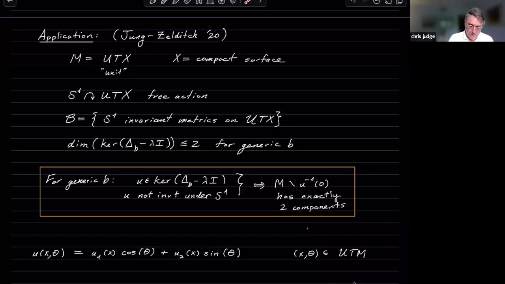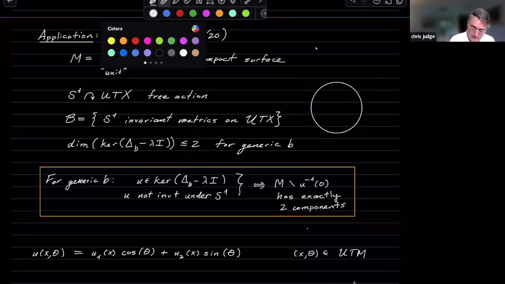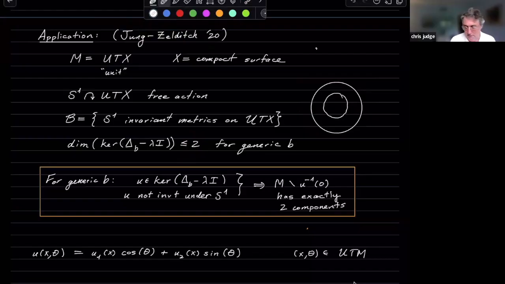Okay, so you definitely will get this, and if you just think about it, it's the same reason that if you take a disk and you look at the eigenfunctions for a disk, the eigenfunctions for a disk have an S1 action. It's not free, but it only has one fixed point, the origin. And we know that the eigenfunctions for the disk are two-dimensional unless you're looking at the invariant eigenfunctions.